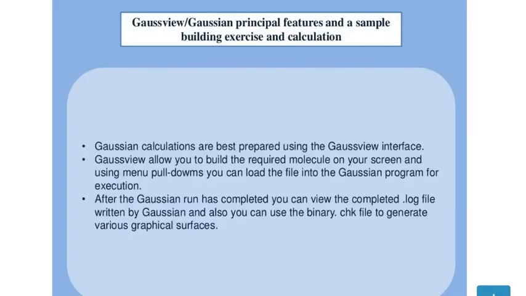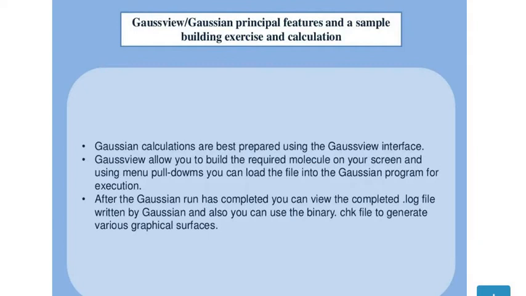Now my friends, Gaussian calculations are best prepared using the GaussView interface. What does it mean? You will understand after two or three slides. GaussView allows you to build the required molecules on your screen, and using menu pull-downs you can load the file into the Gaussian program for execution.